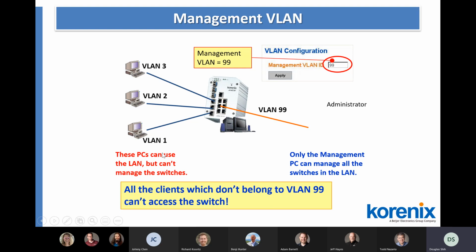So if the client does not belong to VLAN 99 in this page, even if the IP address is in the same subnet, the client cannot access the switch's management interface. We can use this function to keep the device management interface separated from the user's VLAN and to make sure the device is safe in this network.